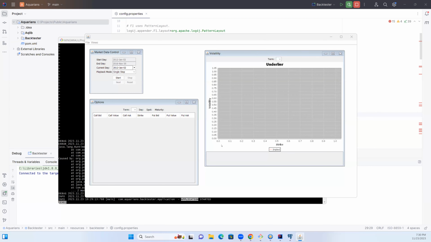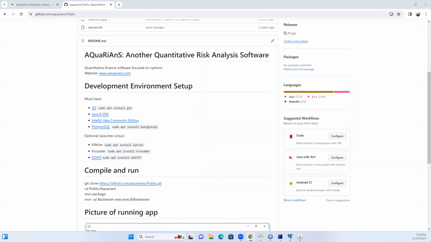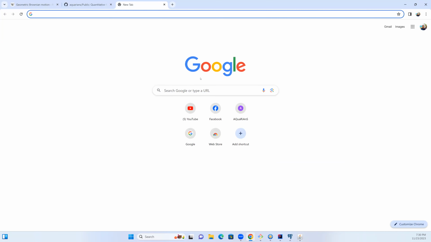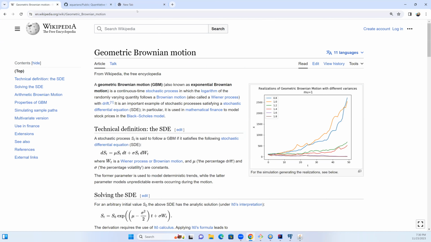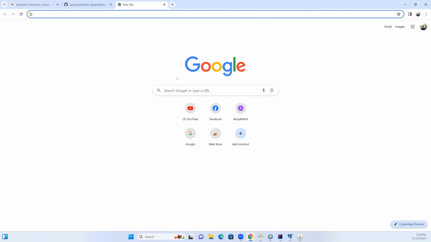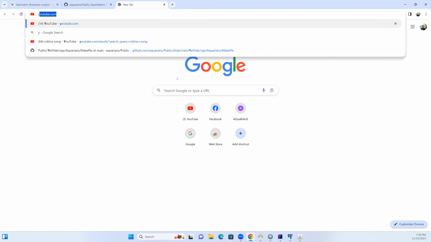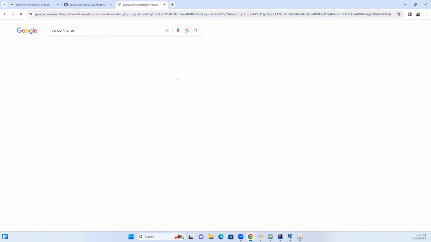Okay. So before we start talking about the Brownian motion, let's do two things. One of them will be to import some actual real stock prices, and the other one will be to generate some theoretical stock prices according to this Brownian motion. So go to Yahoo Finance.